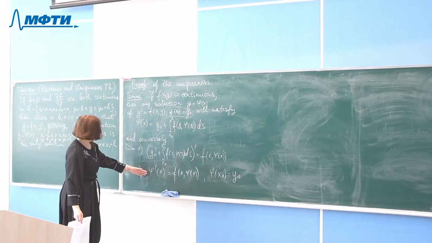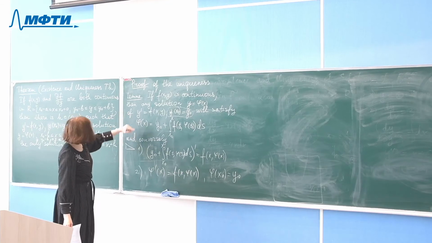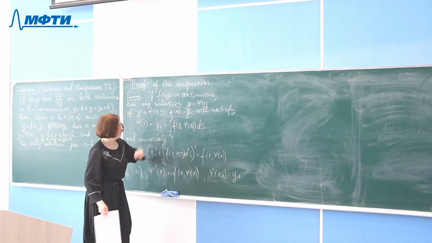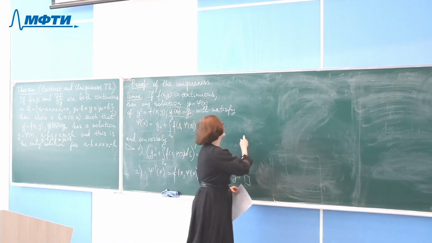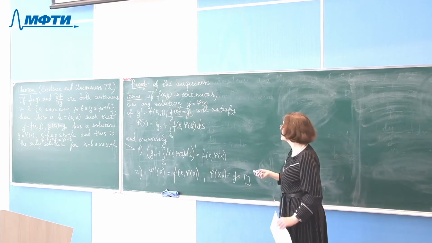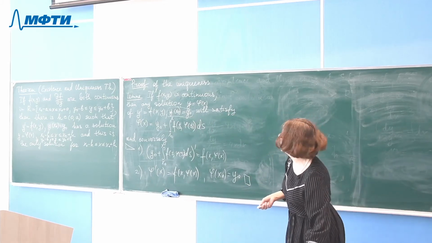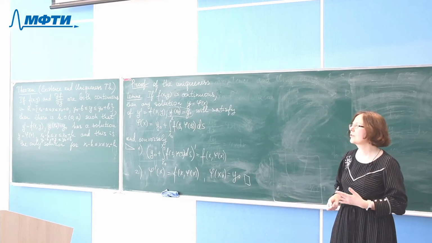And so if phi of x satisfies this integral equation, it will satisfy this initial value problem. So the lemma is almost trivial, and we will use it in what follows. In addition to this lemma, we will need some other facts from calculus.